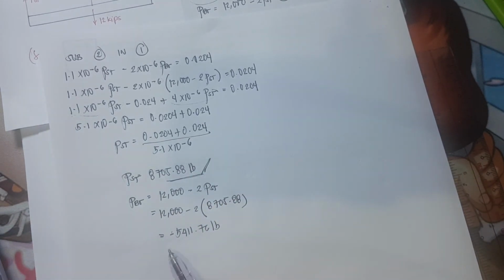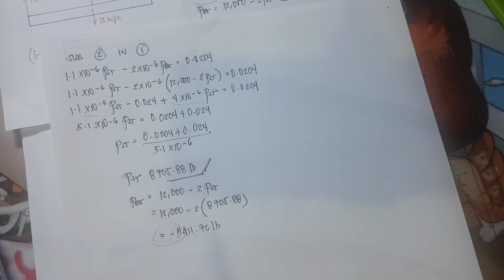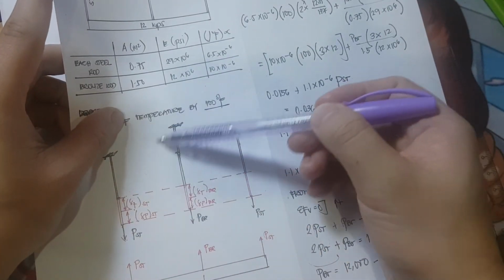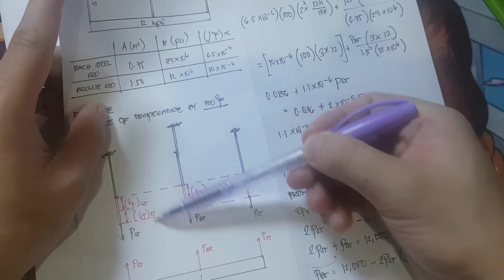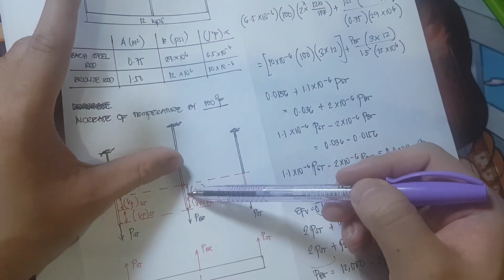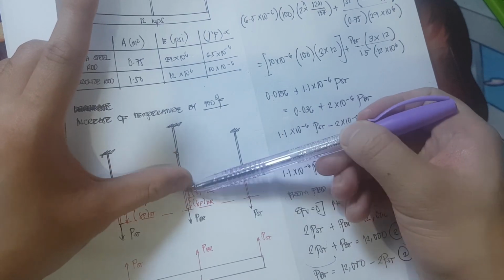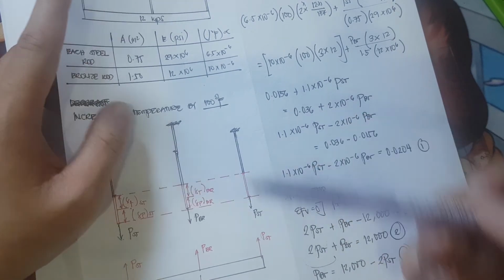The negative here is indicative that the force on the bronze rod is compression or compressive. Habang nababanat ang steel, nagko-compress naman ang ating bronze rod. Okay?